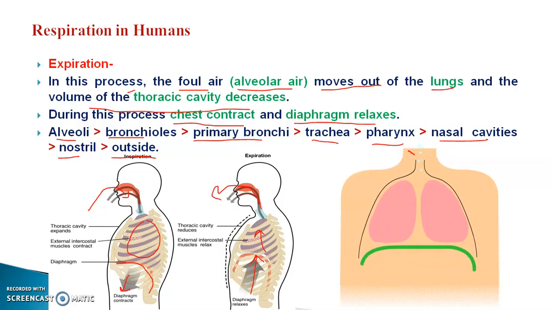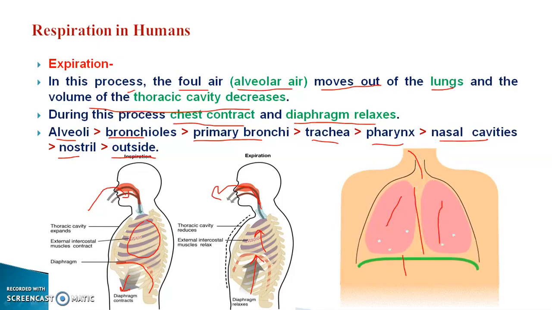So, air is entering. Now, chest expands. Now, air is going out. Chest reduces. Diaphragm relaxes. So, this is the way by which the diaphragm and chest work simultaneously.